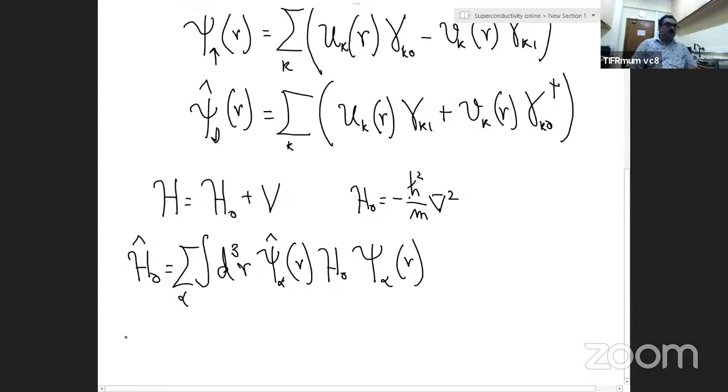Now the interacting part of the Hamiltonian. For the interacting part, I need to make some approximation, and that's again the same approximation as before. But before that, let me just write the interacting part of the Hamiltonian. It essentially is an interaction between, let's say, two particles at r prime.